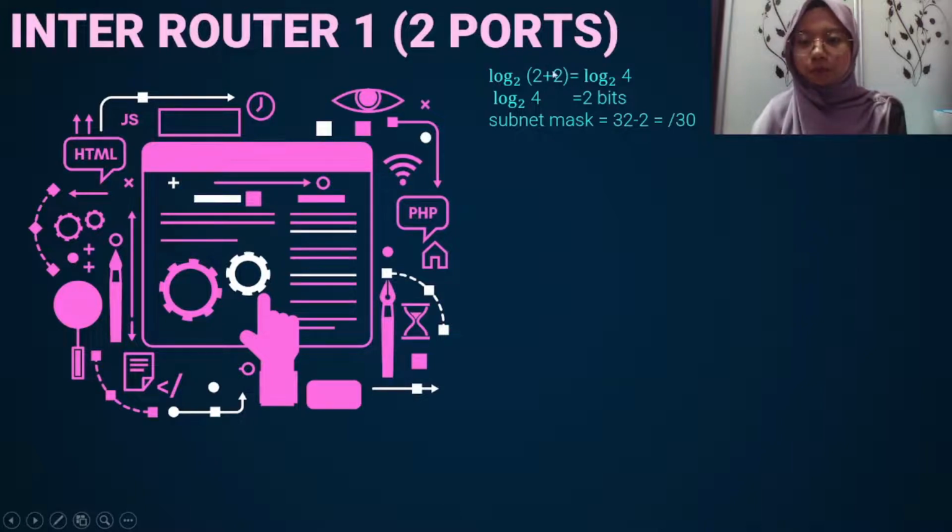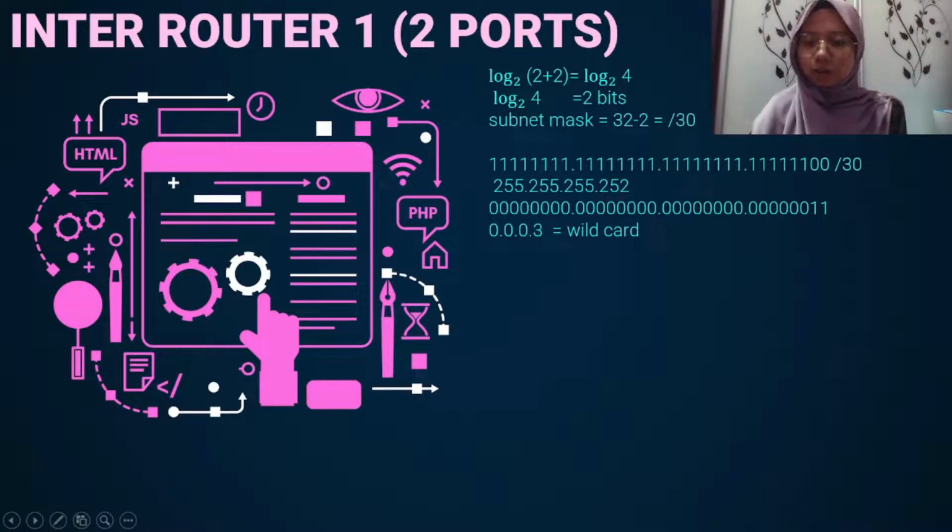This is the formula, and then we get log 2 of 4. Log 2 of 4 equals 2 bits, and then for the subnet mask, this is the formula, which is 32 minus 2, we get 30.